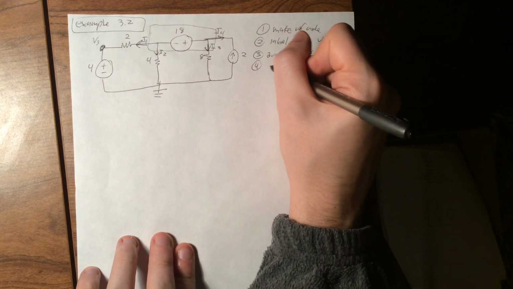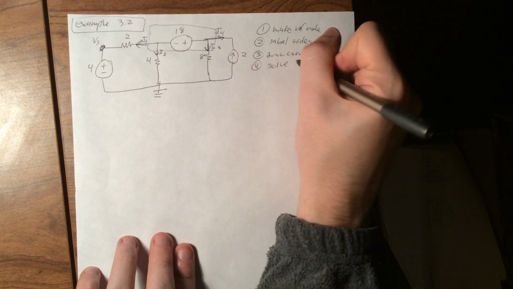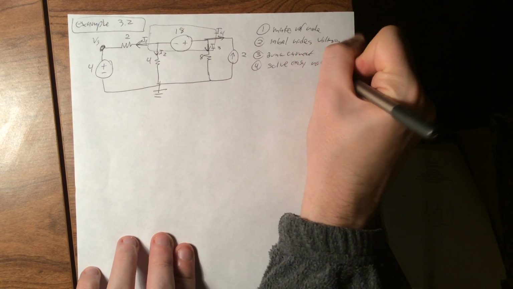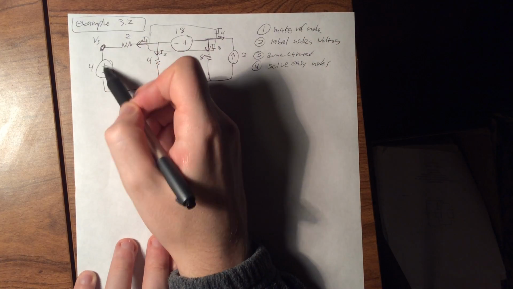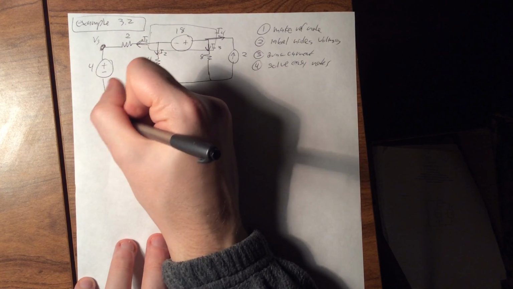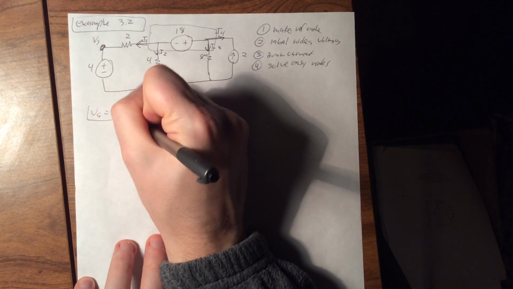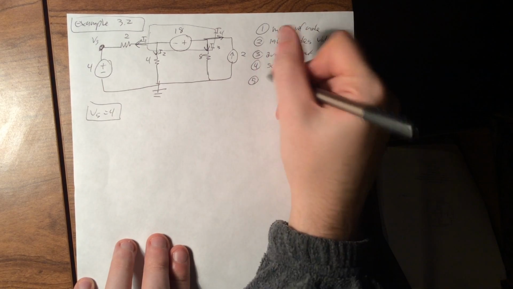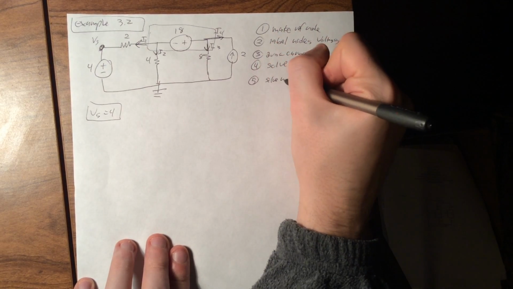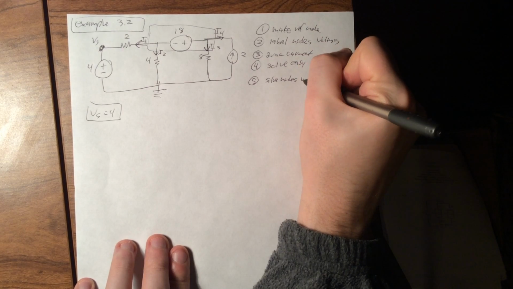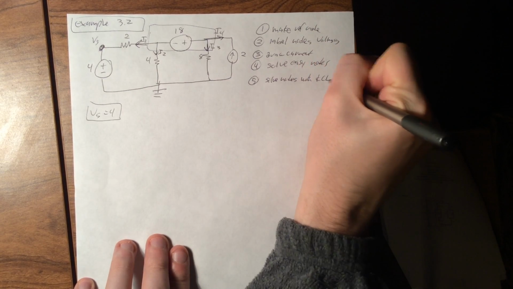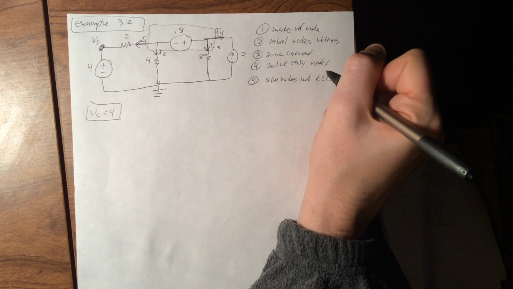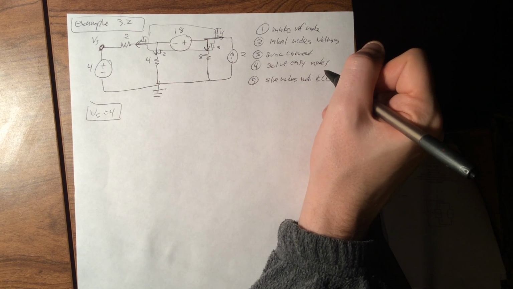Four, solve easy nodes. So we have our Vs, that's our easy one, and Vs equals 4. Nice and done. Now we're going to do five, solve nodes with KCL. So how are we going to solve this set of nodes?